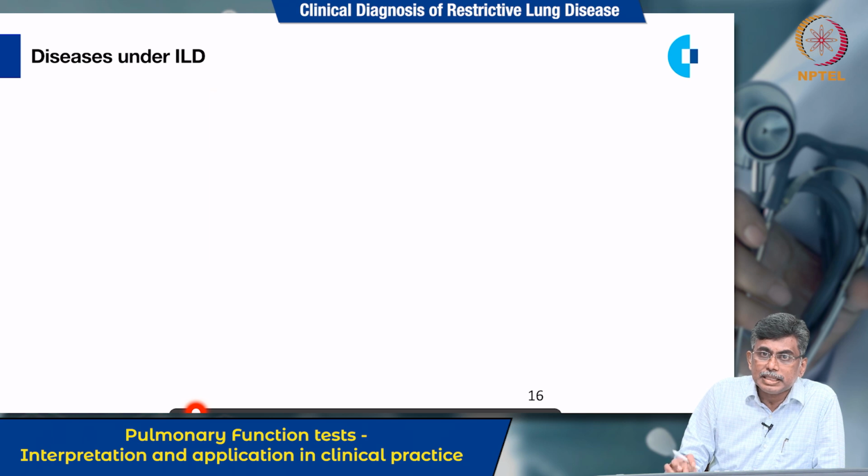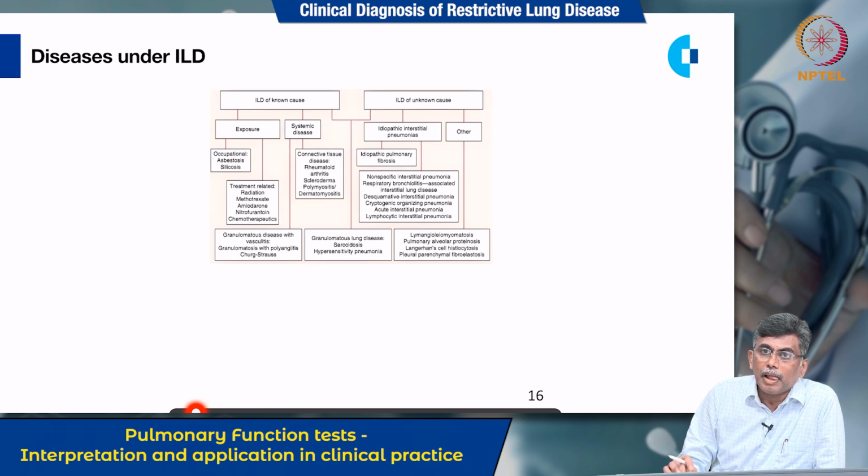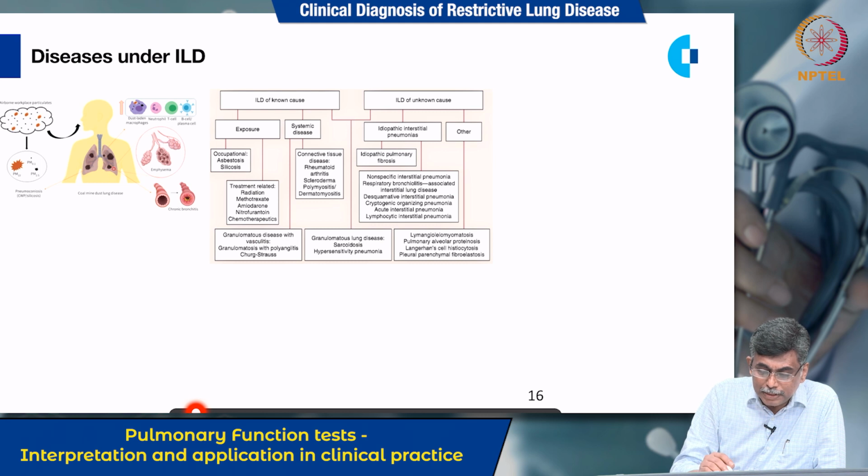Now we will see the diseases that come under interstitial lung disease. It is broadly classified into two: ILD of known cause and ILD of unknown cause. ILD of known cause can be due to exposure to some inorganic environmental pollutants like asbestosis and silicosis, or it could be secondary to exposure to radiation or long term exposure to some medications like methotrexate, amiodarone, etc. Or it can be related to connective tissue disorders.